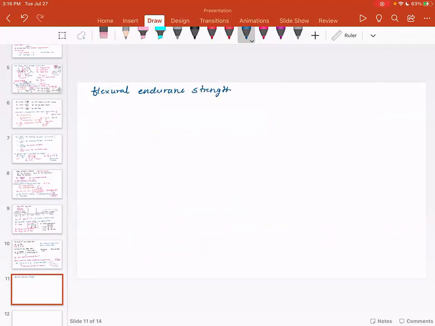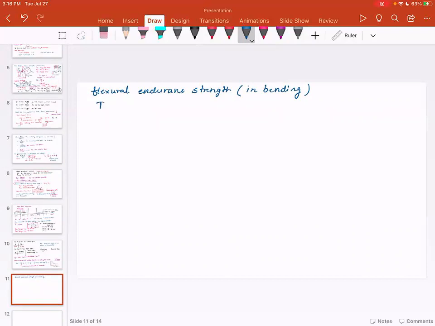Because this endurance strength is determined in bending. This value is not determined in torsional testing. This endurance strength is used in bending, so it is called the flexural or bending endurance strength.